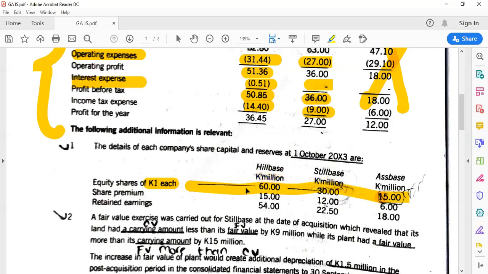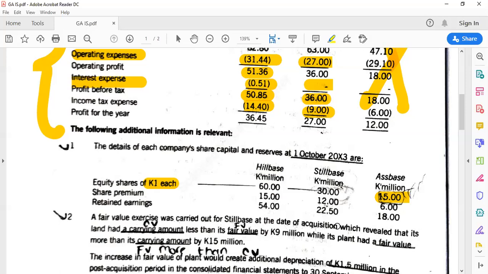We are saying 15 million shares because it is 1 kwacha per share. This is money here, it is not shares. Remember that. Very, very important to remember. Okay, so we can do the work. This guy had 15 million shares. So how many shares did we acquire?